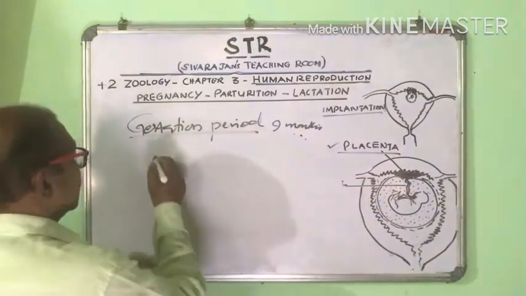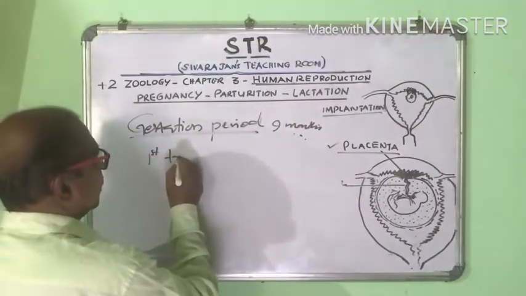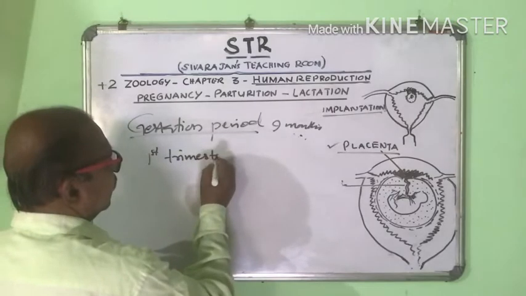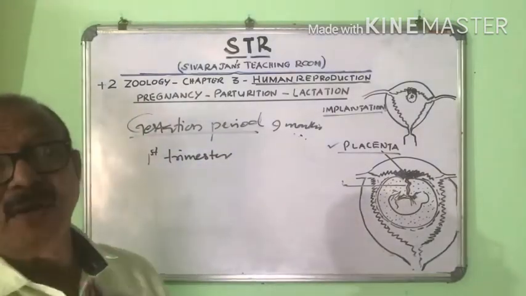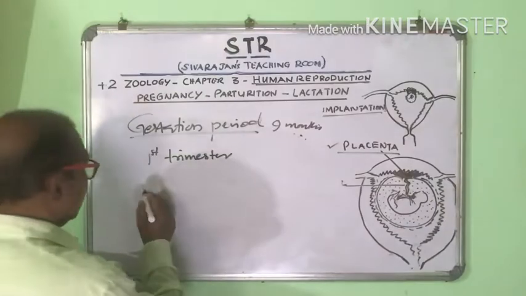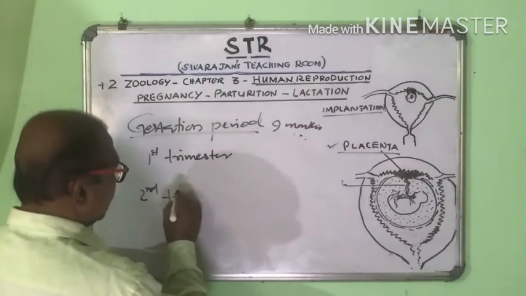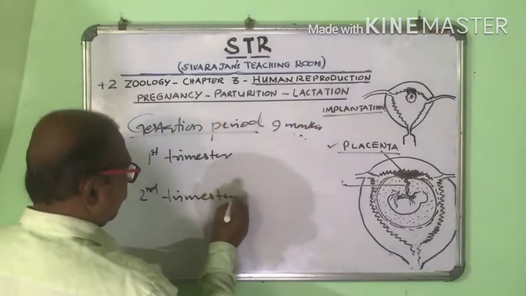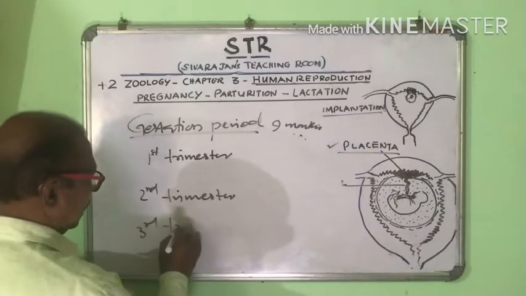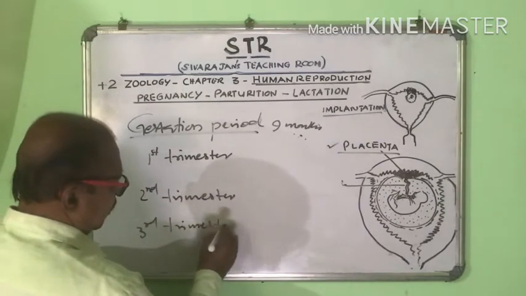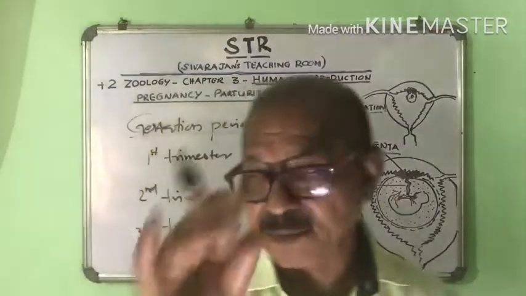The first 3 months, the first trimester. Trimester means a period of 3 months. The first trimester, then the second trimester, and the third trimester.